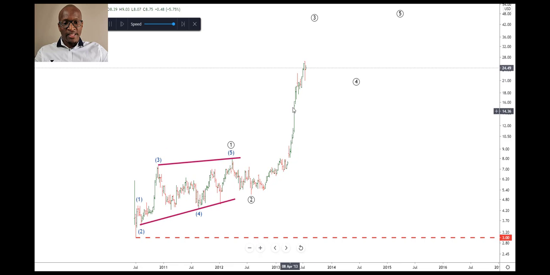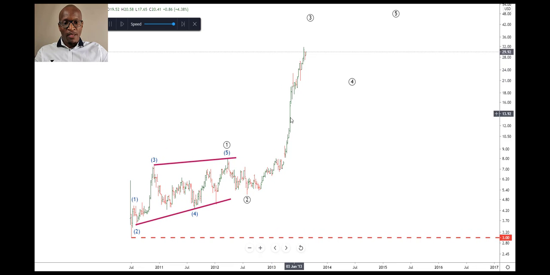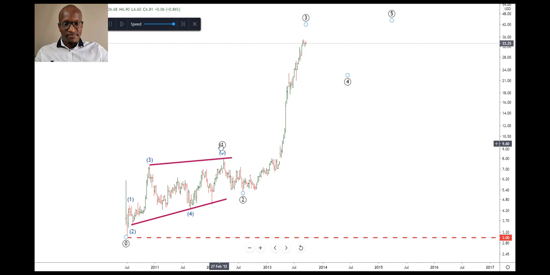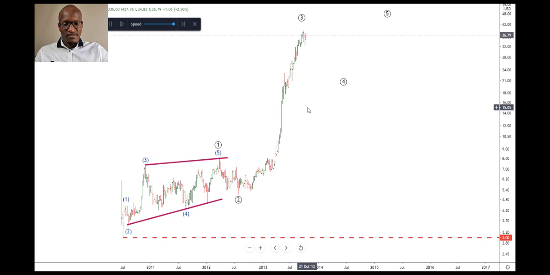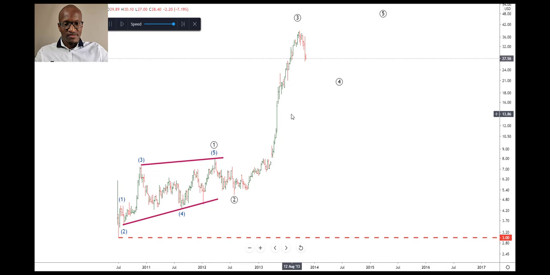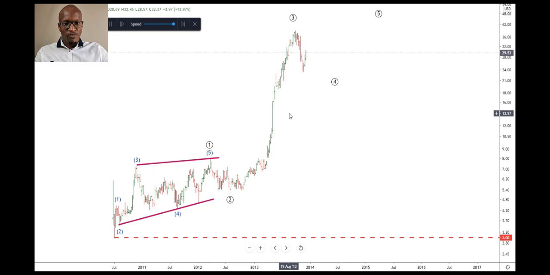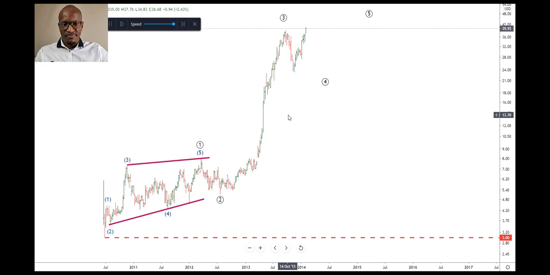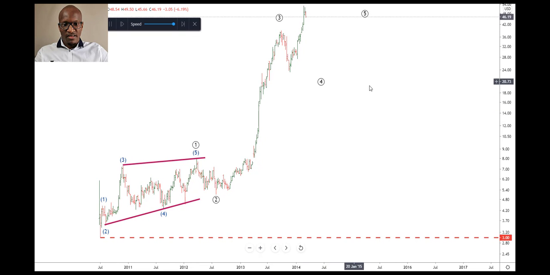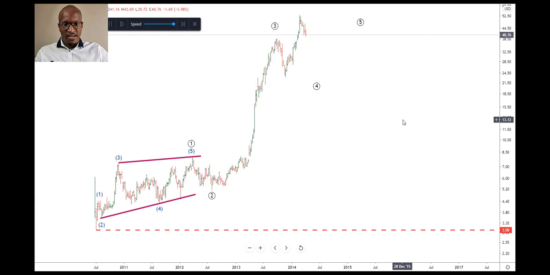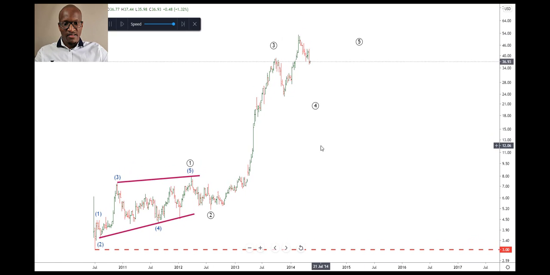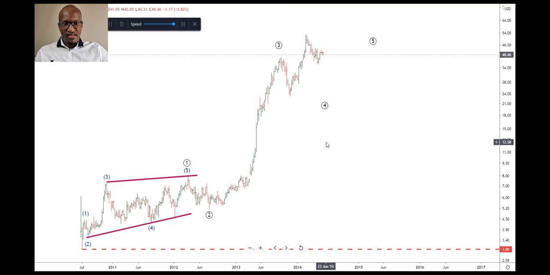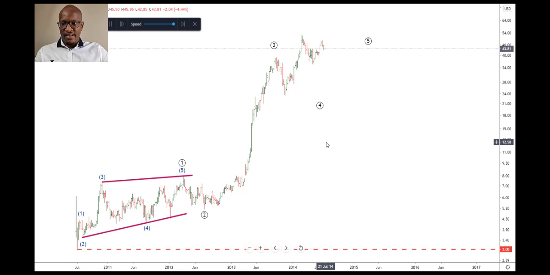So we can be confident that this is a wave 3 of whatever degree. Very aggressive move. Then we get a pullback and another rally. Get another pullback and another rally.